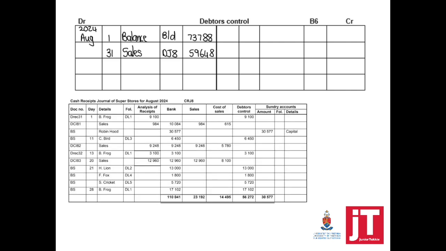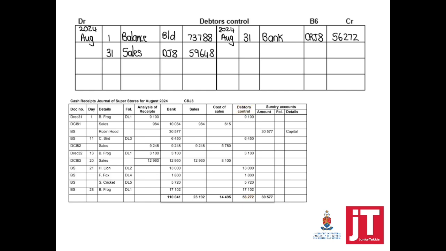From the cash receipts journal, it means that debtors made a payment. Bank is debited, the rest is credited. So on the credit side, on the last day of the month, from the cash receipts journal, my details is going to be bank. That is the contra account.